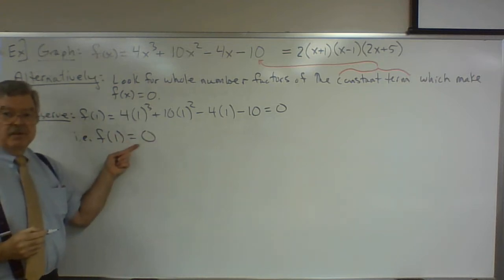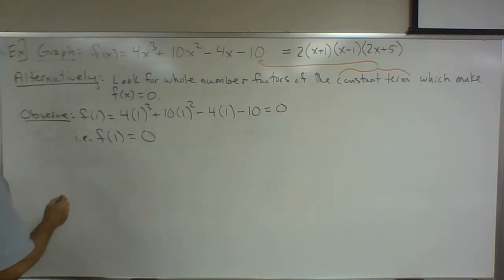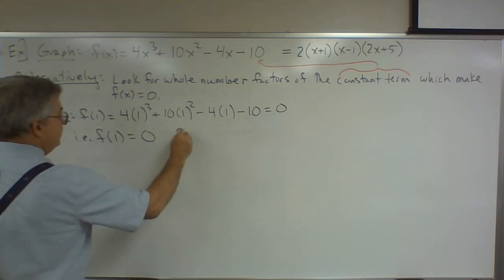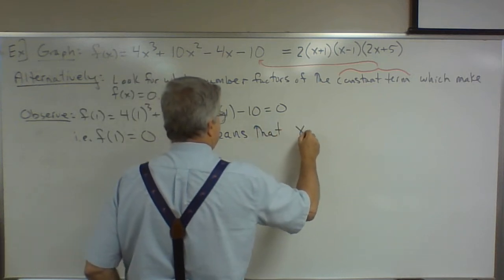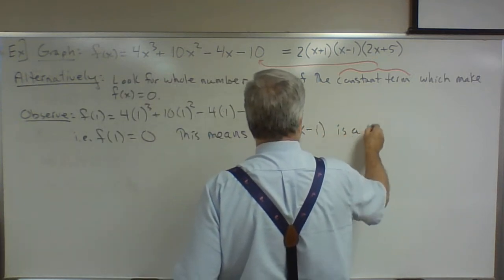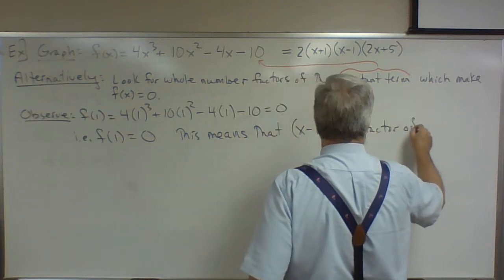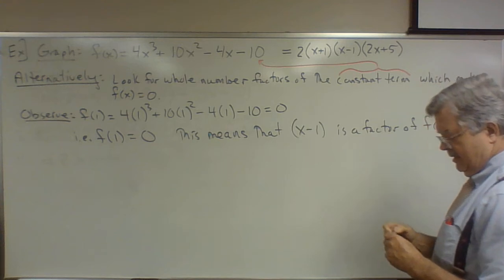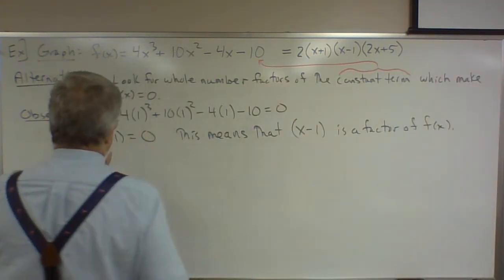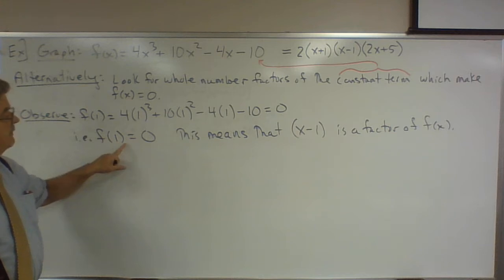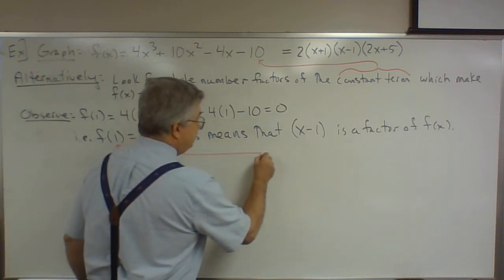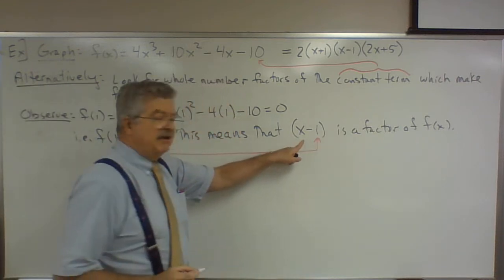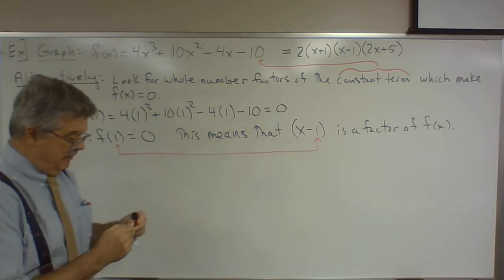F evaluated at 1 is 0. So what's the big deal? The number that we plug into f of x to make f of x 0, that's 1, is such that x minus that number is a factor.